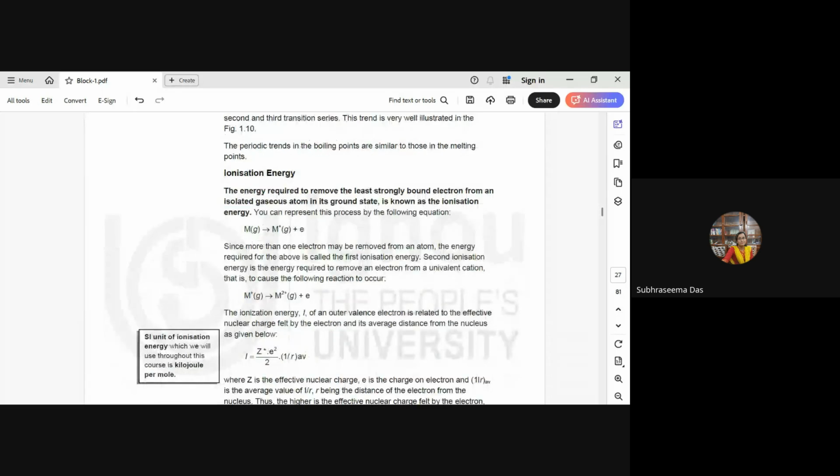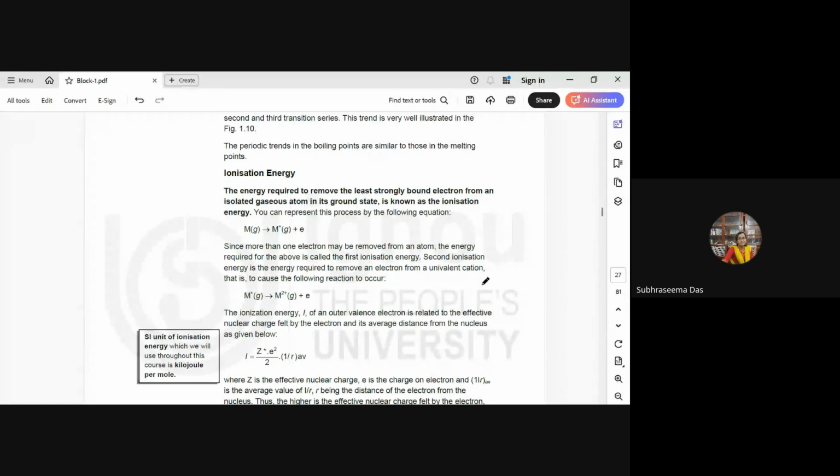Then coming to ionization energy. First we will define what ionization energy is. In general terms, ionization energy is defined as the energy required to remove the most loosely bound electron from an isolated gaseous atom in its ground state. What does this mean?